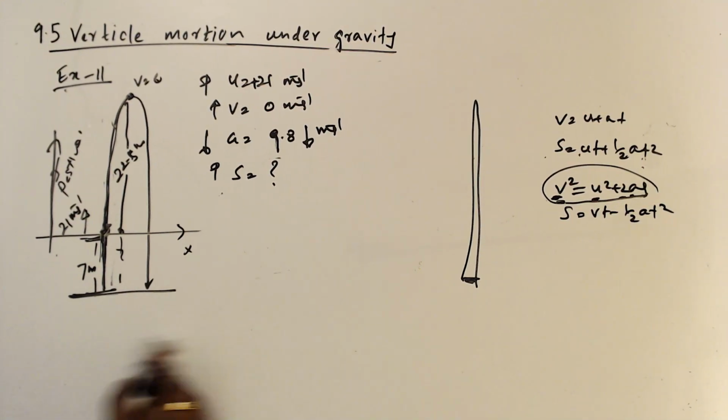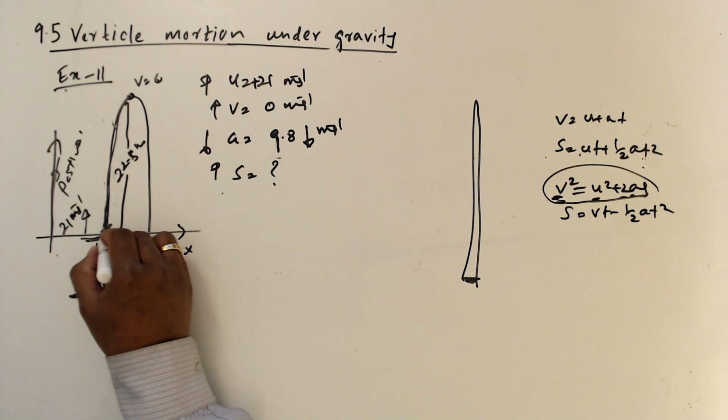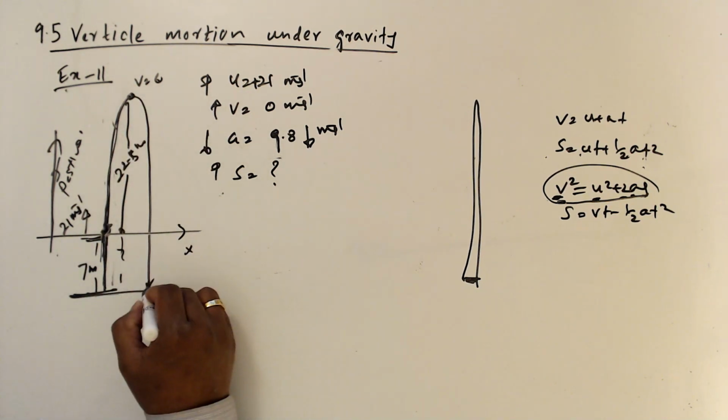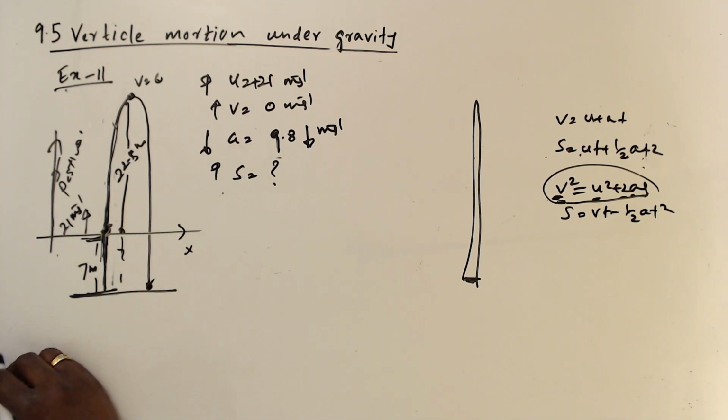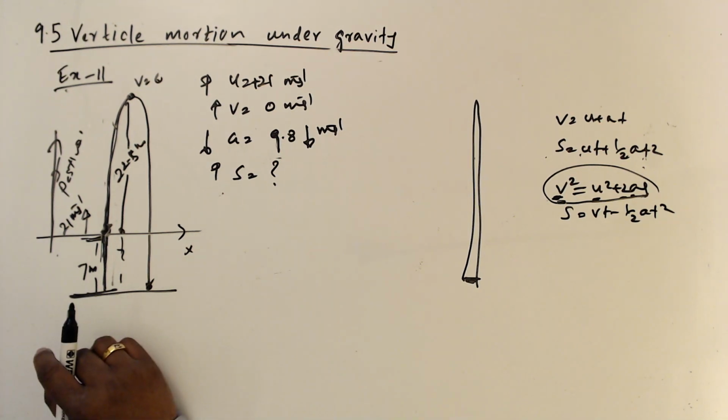Time of the flight means the whole journey from when it starts until it's finished. That's the time of the flight. Usually we refer to that as the time of flight when a particle is projected, the time it stays in the sky, or the better word, air.